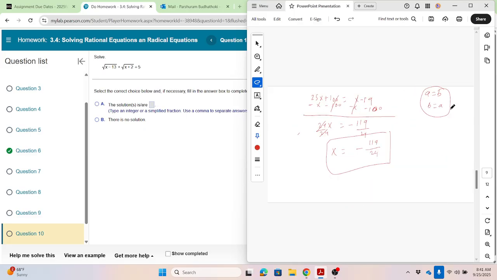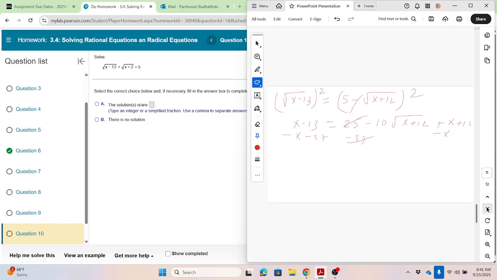So if you combine this, it will give you negative 50 equal to this thing, negative 10 square root of x plus 12.